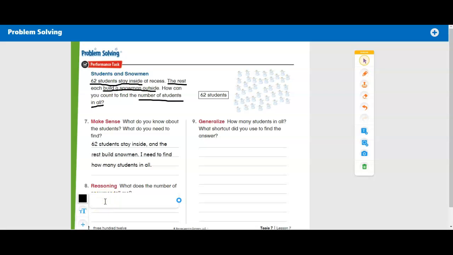For number 8, we could say a number tells how many students went outside.